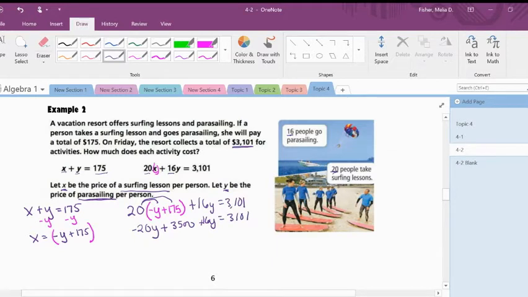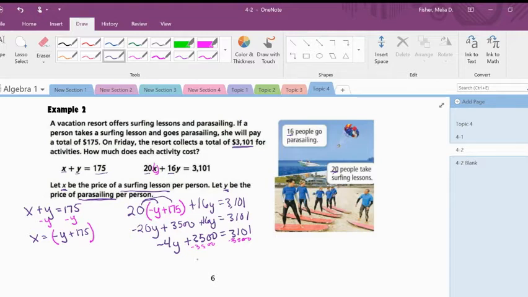Then I need to combine like terms. My negative 20Y and my plus 16Y are on the same side of the equation. Those total to negative 4Y plus 3,500. We're going to subtract the 3,500 from both sides of the equation.